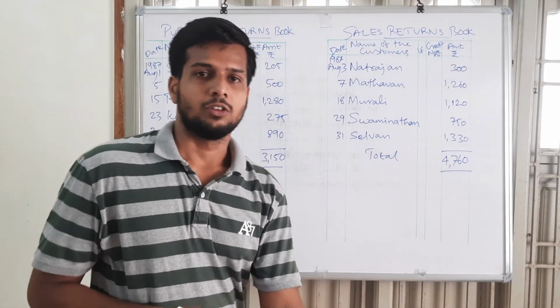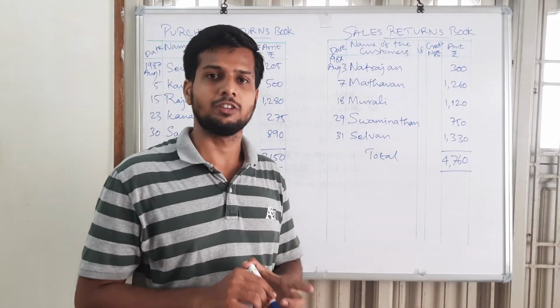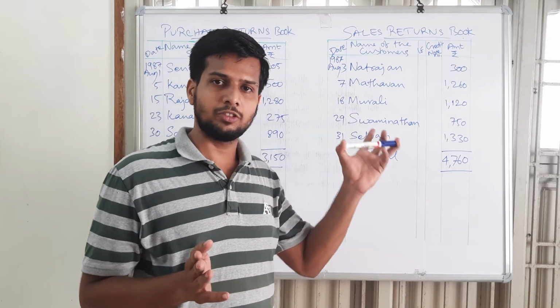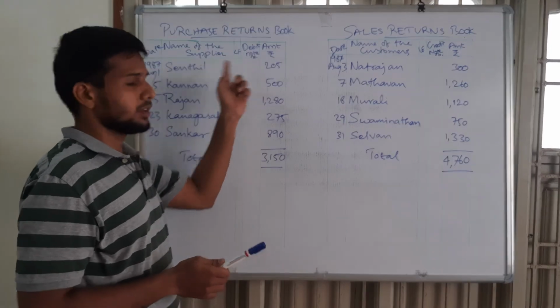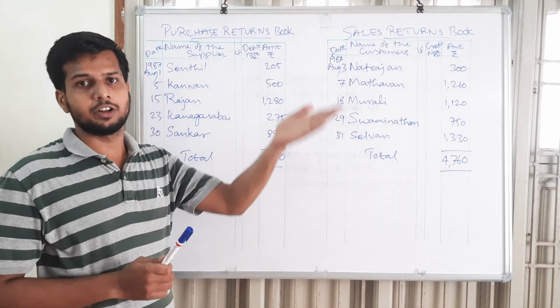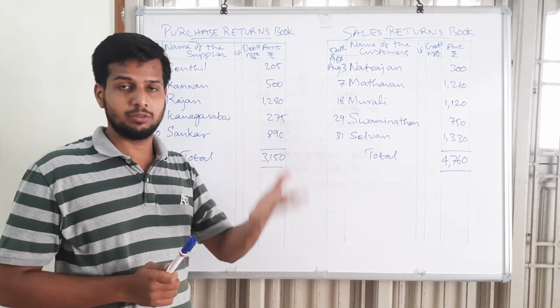So the preparation of the purchase returns book and the sales returns book is very simple. In the purchases book, we record the inward invoice number column. In the sales book, we will have the outward invoice number.